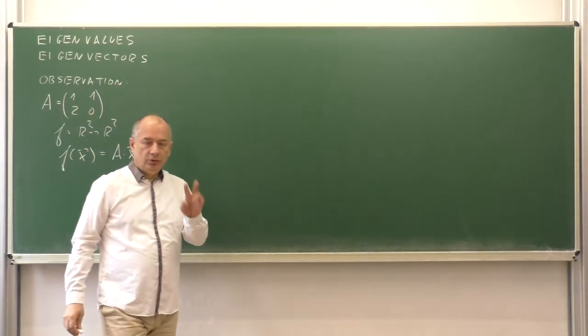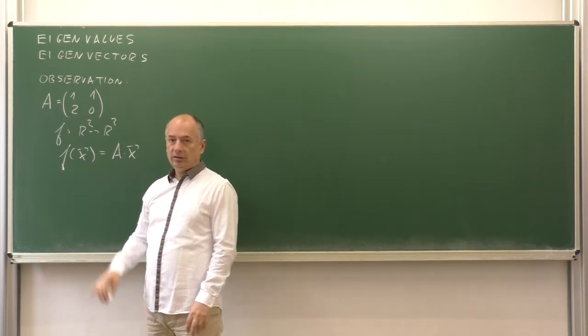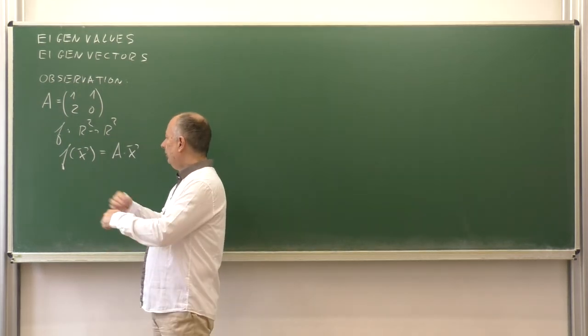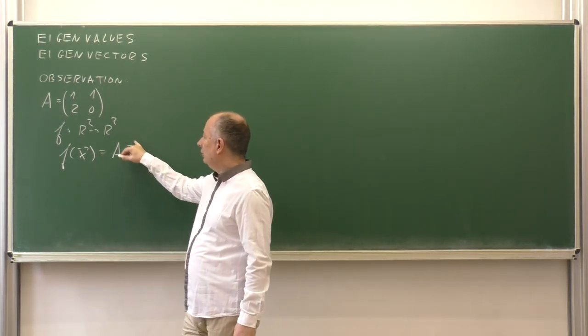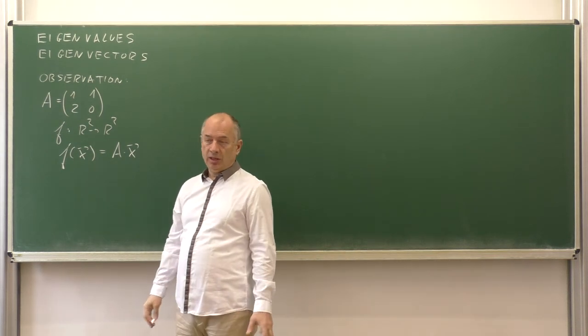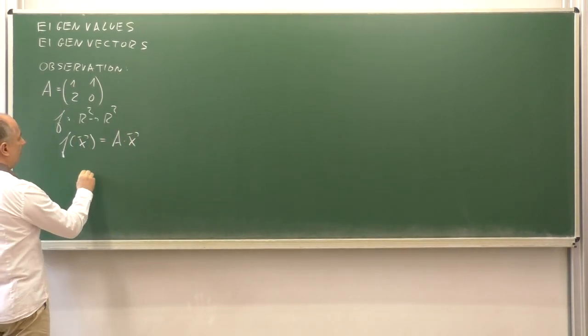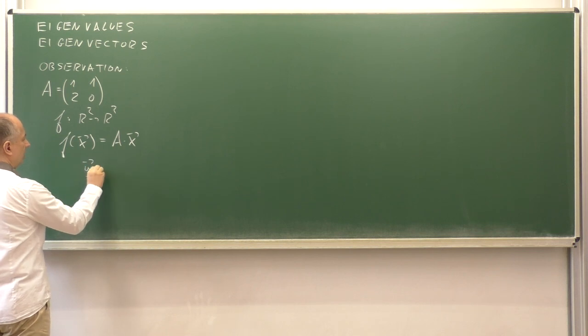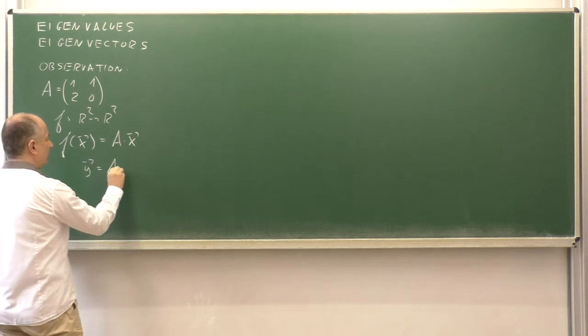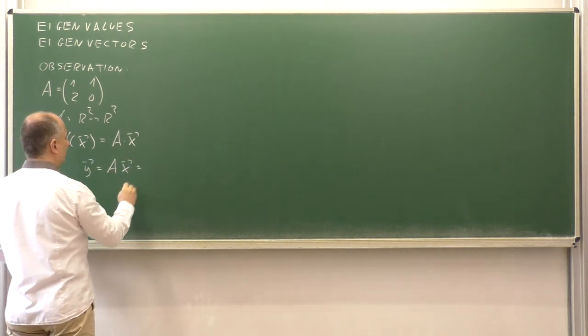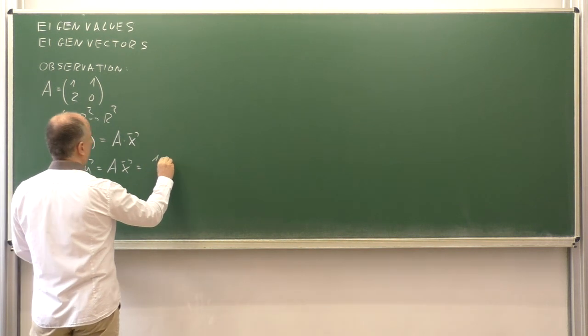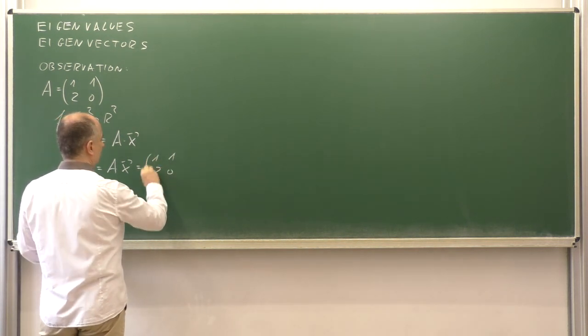That means we have two arguments, the old vector x arrow, and we perform some computation and we get a new vector, the result. In particular, if we denote the result by y arrow, then this is A times x arrow, and this is 1, 1, 2, 0.